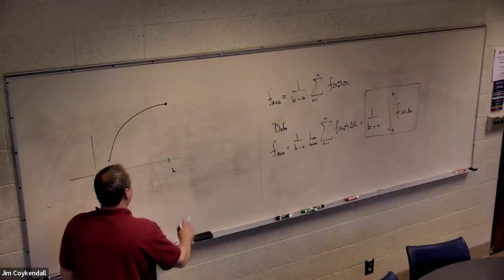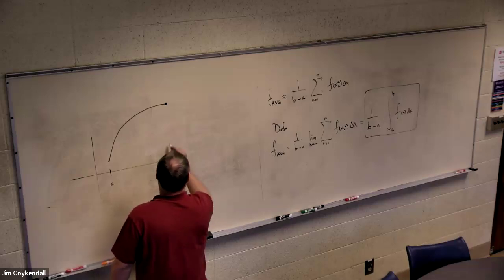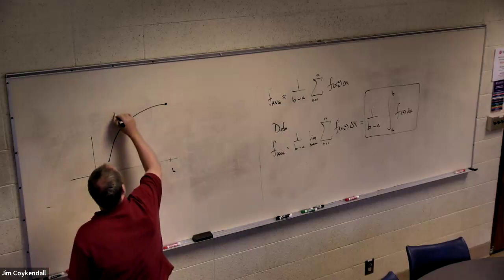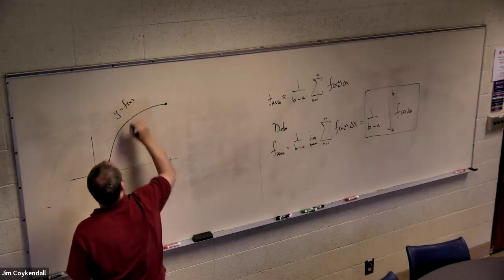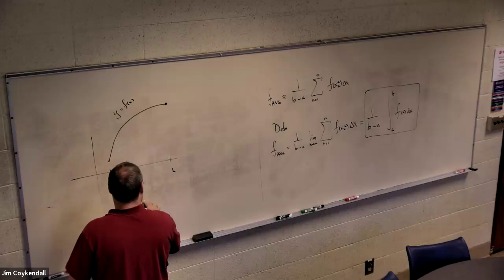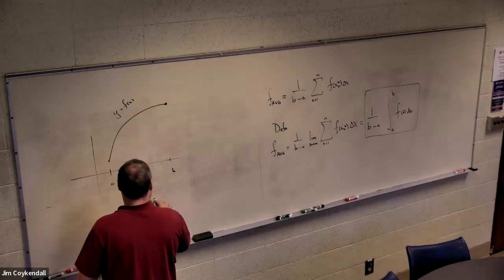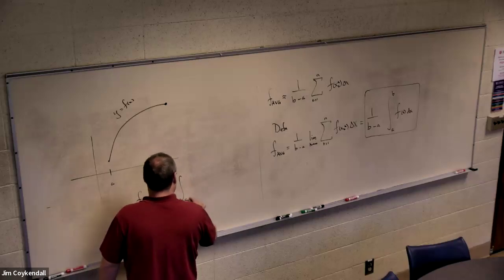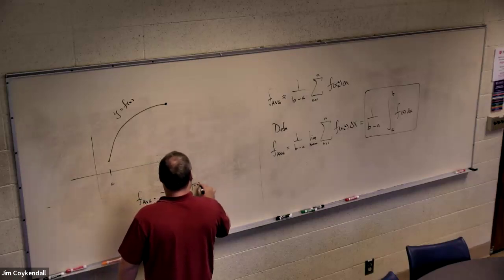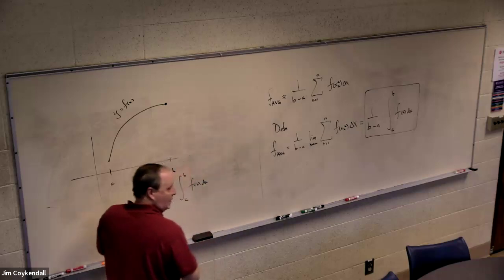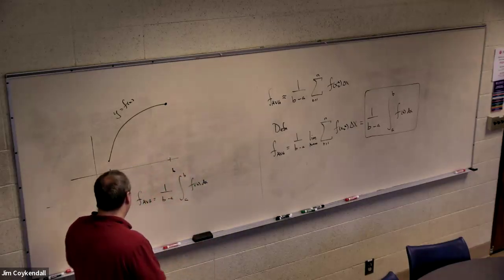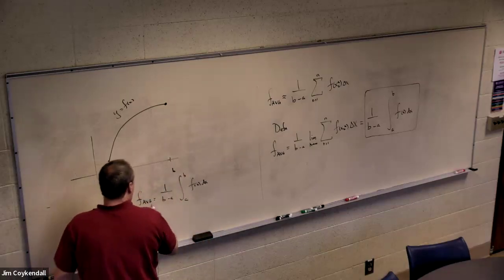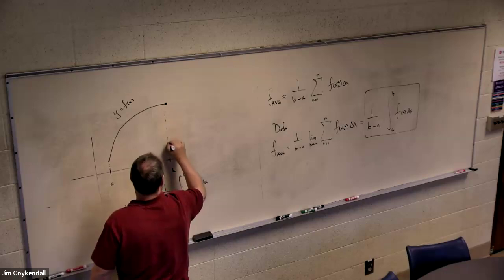Suppose I have this function here. Now, for this particular function, I've drawn it positive, so I can really interpret this as an area. What does this function say?